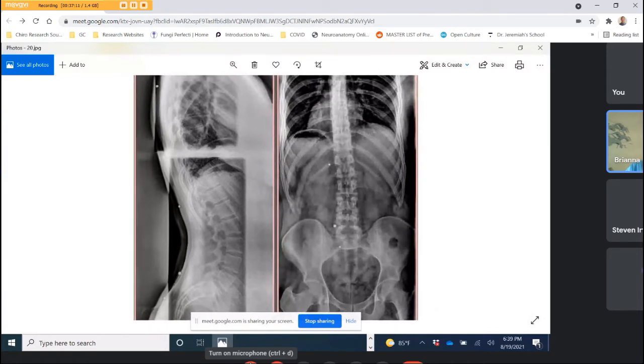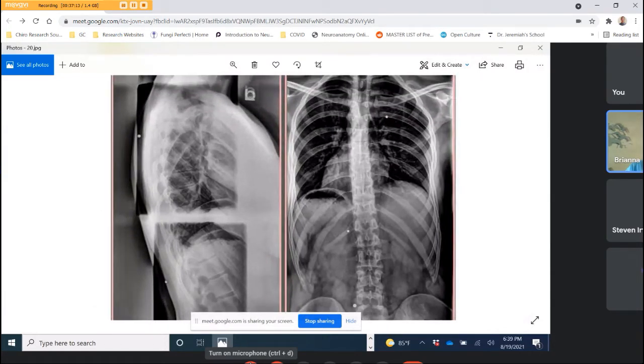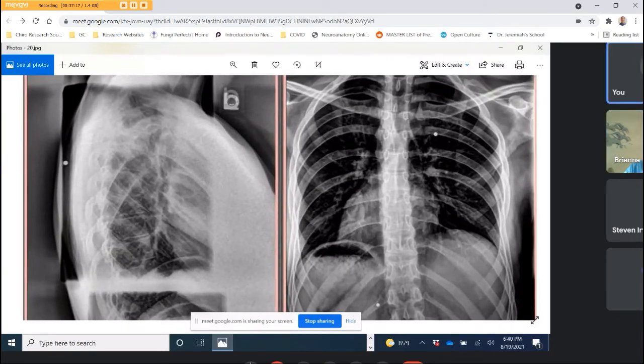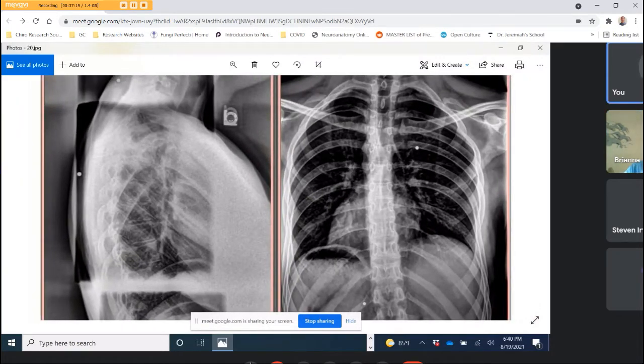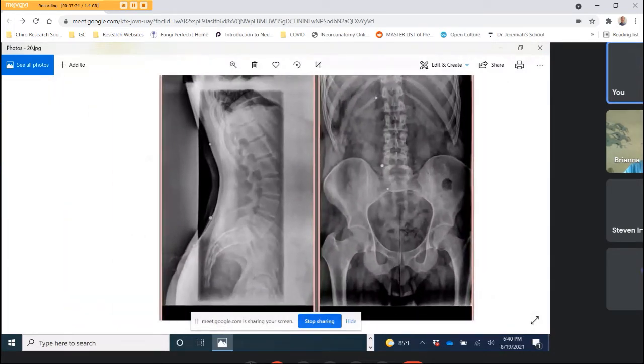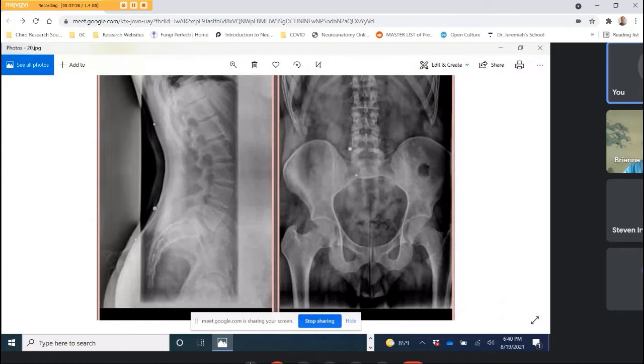All right. Dr. Michael, what are you thinking? If you see the entire ilium on one side lower than the other, have you seen a correlation with an anatomical leg length being shorter on that side?